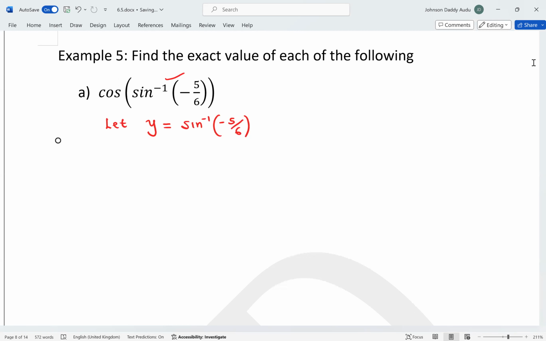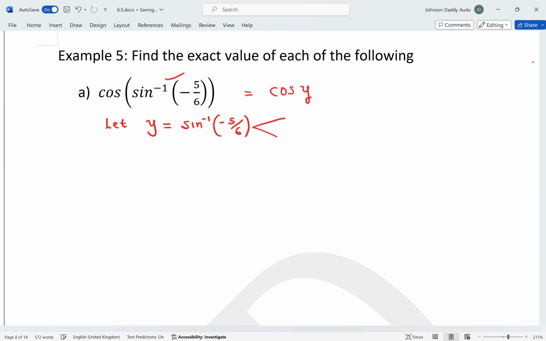Now, the moment we do that, our problem becomes cosine of y, right? So we are looking for cosine of y, right?